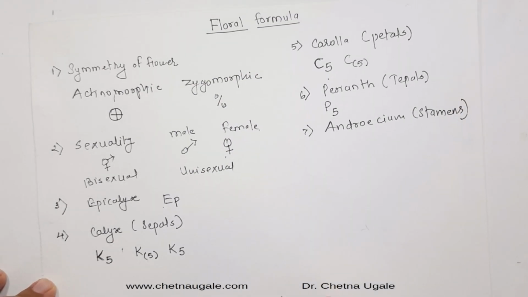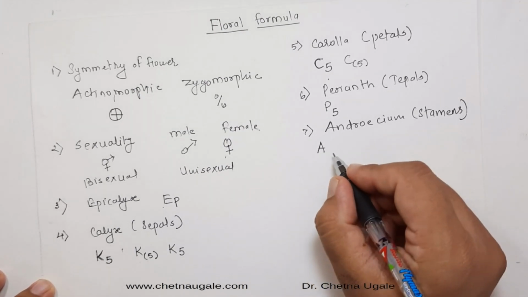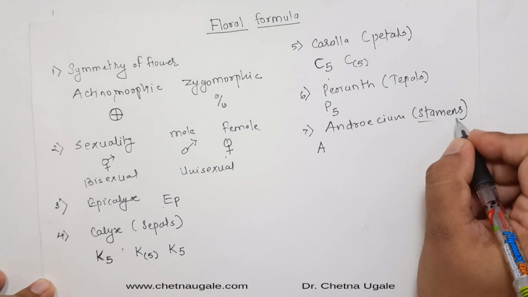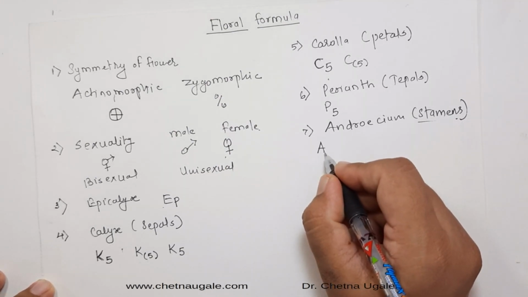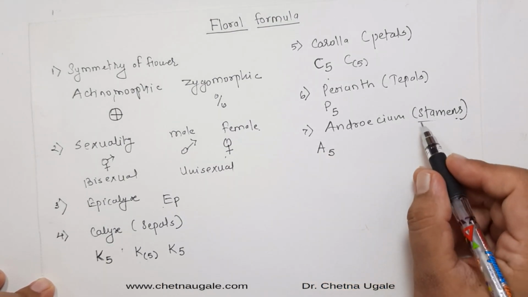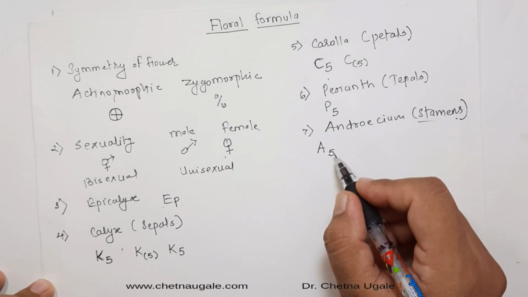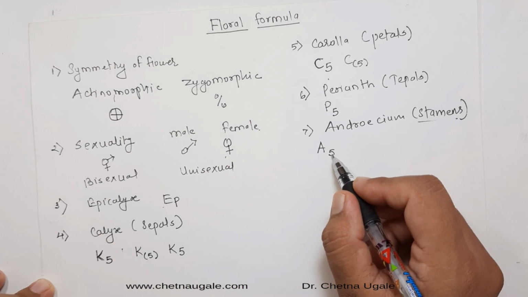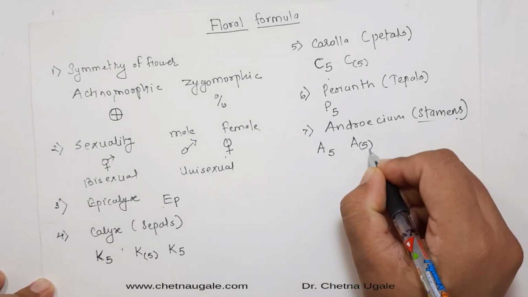Androecium is represented by the capital A in the floral formula, and the number of stamens is written as a subscript to the capital A. When the stamens are fused, then the number is written in parentheses.